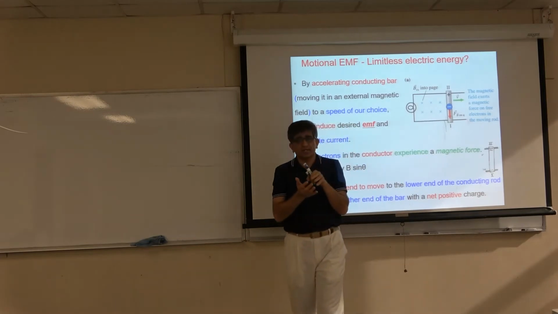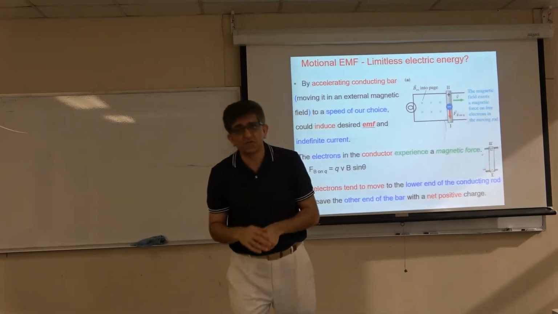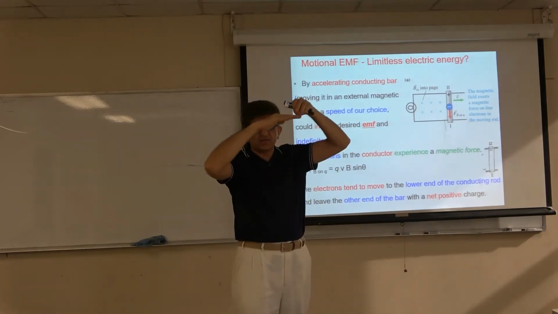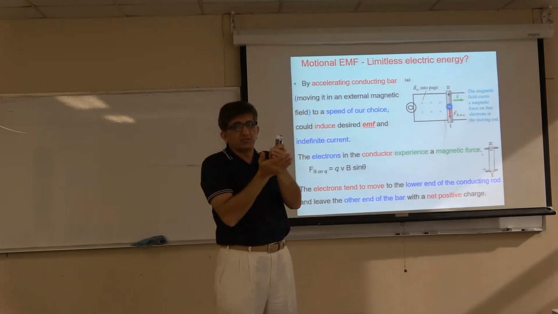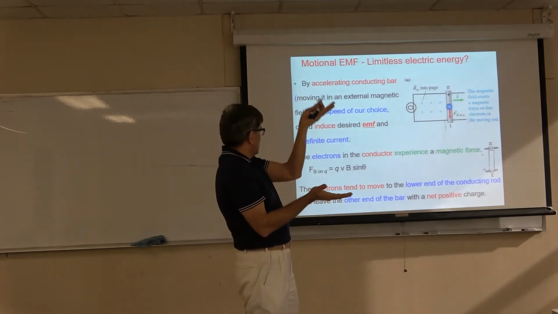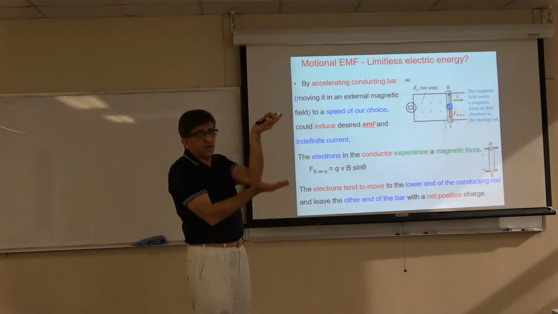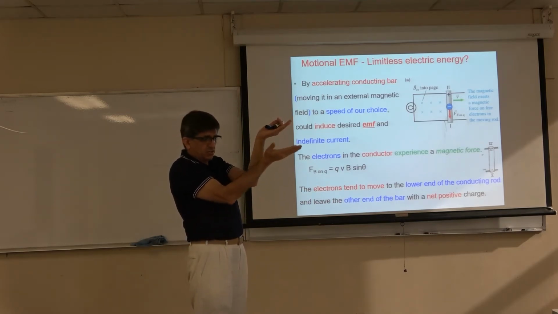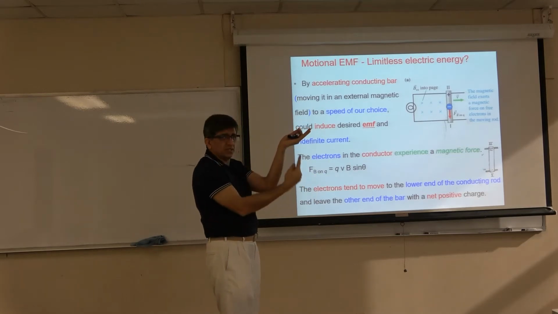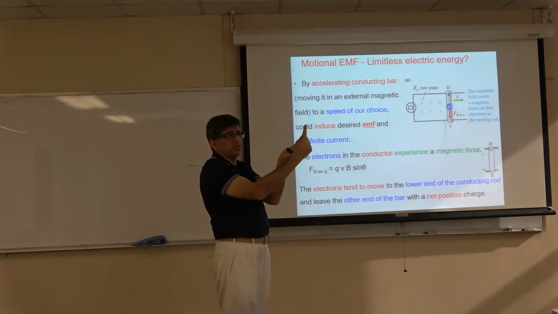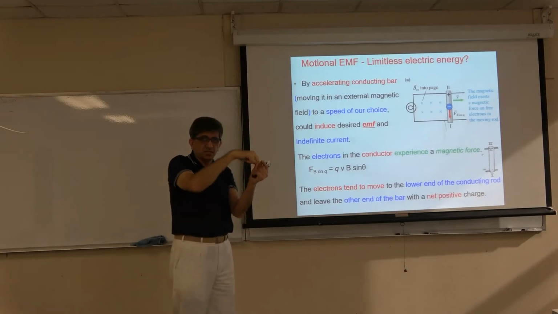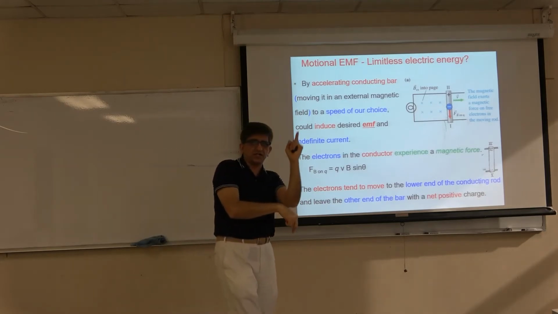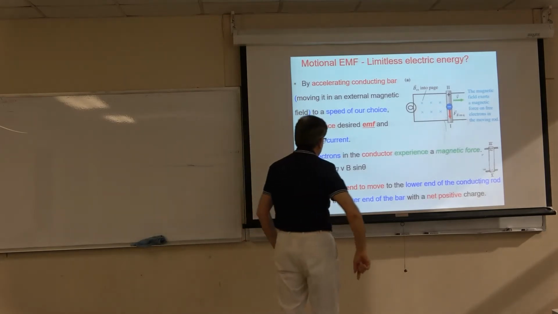Now the conductor has both positive and negative charges. If the electron moves downward, positive charges are accumulating upward. It means if the current due to the electron is going downward, the current due to the positive charge is in the opposite direction. So the negative charge is in one direction, positive charge is in another direction.